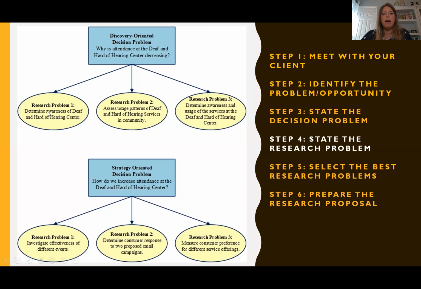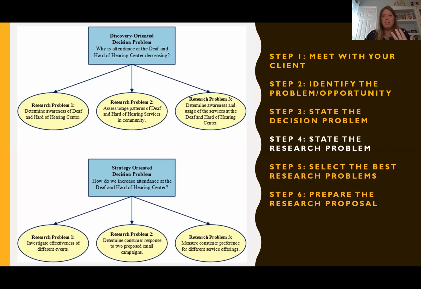But you might have 4 or 5 questions to answer problem 1, 4 or 5 questions to answer problem 2, and 4 or 5 questions to answer problem 3. So these research problems are really what tells you what kind of survey you need to create, what kind of questions you should be asking. It really tells you where to focus.